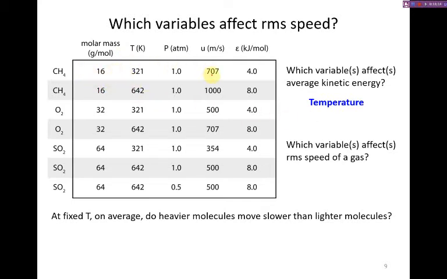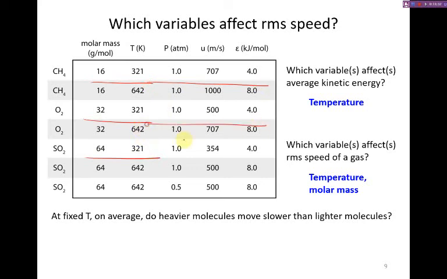If we change the temperature, our speed increases, and therefore the average kinetic energy increases. And we also see that the molar mass has an effect as well. By changing the molar mass but keeping the same temperature, we see that the speeds are changing.